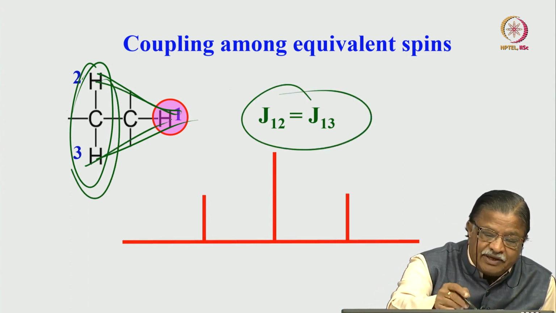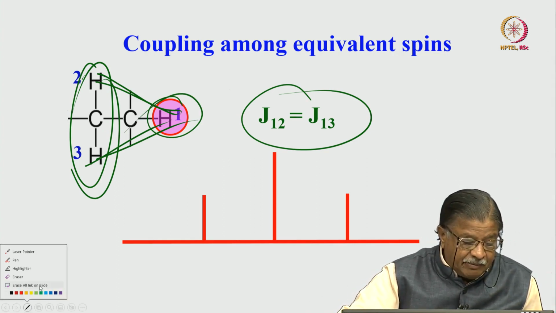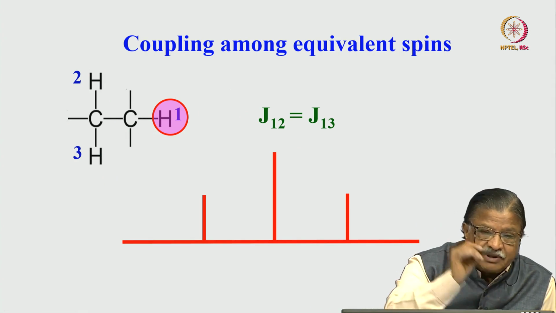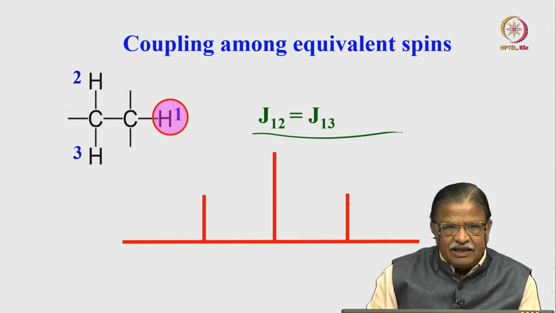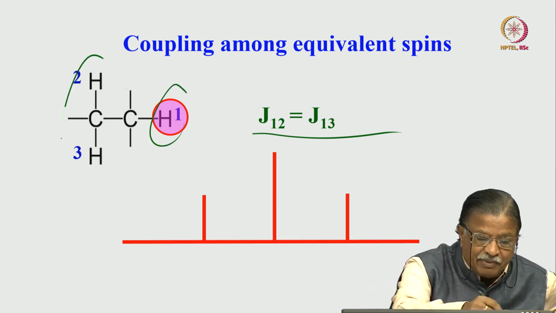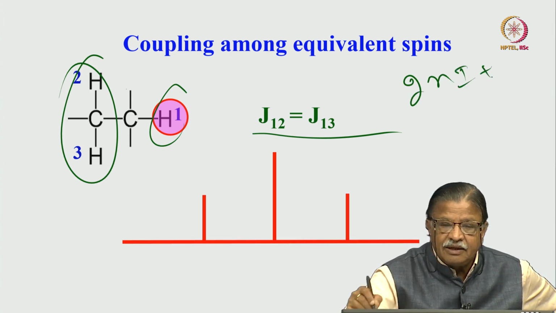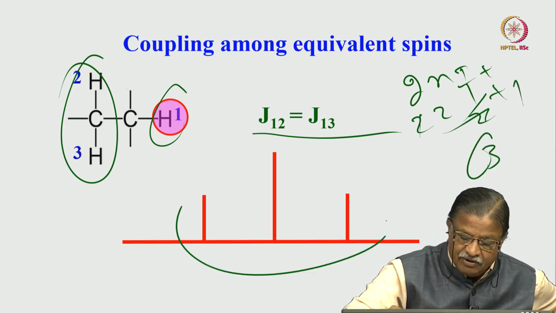Please understand this, I am looking at proton 1, coupled to 2 and coupled to 3, J12 equal to J13, the coupling is identical. Then this will become a triplet because of the 2nI+1 rule. N is equal to 2, 2 into 2 into half plus 1, it is going to be a 3-line pattern, exactly what you are going to get.